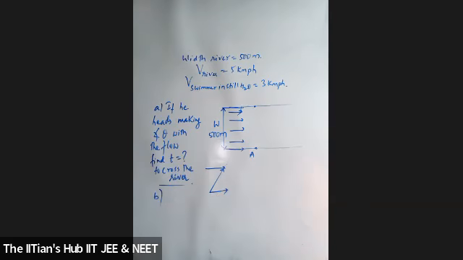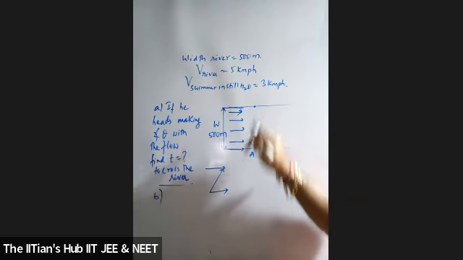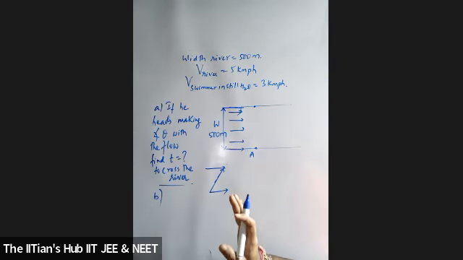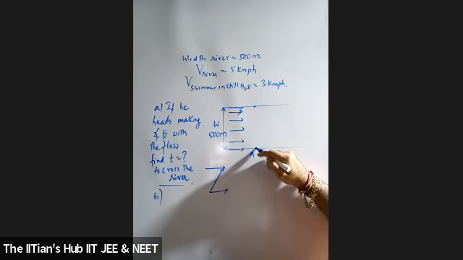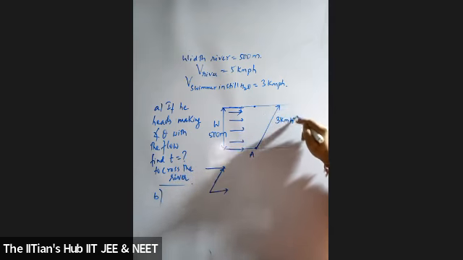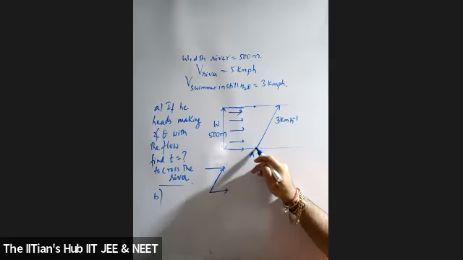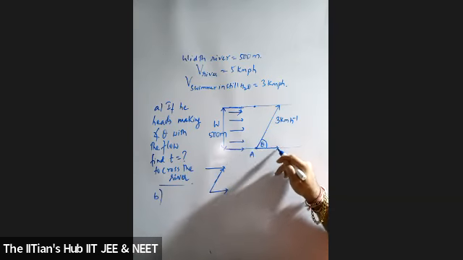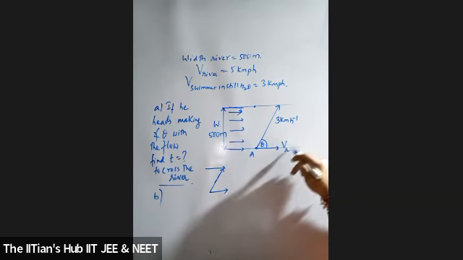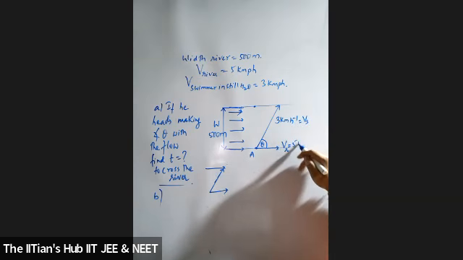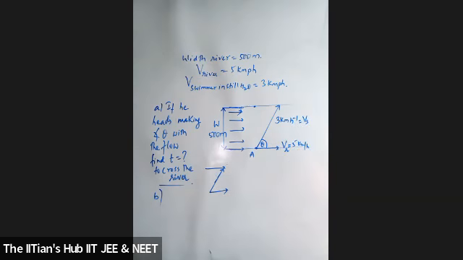Got it? Suppose I take this head here, and this is the velocity of the swimmer. If the velocity of the swimmer in still water is 3, let us say this is the velocity of the swimmer, which I take as 3 kilometers per hour. Can I say he is moving with the angle theta with the flow of the river? This is the velocity of the swimmer. This is the velocity of the river, which is 5 kilometers per hour. Agreed?